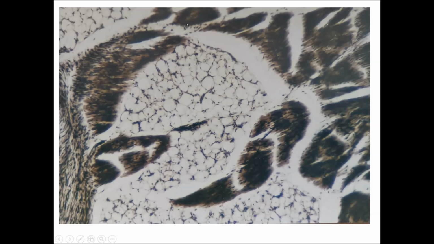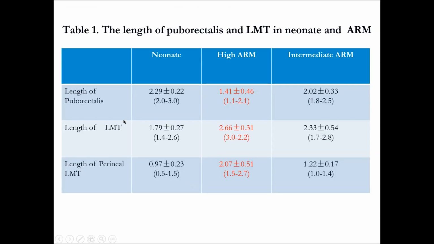This is a sign of agenesis of the external anal sphincter in ARM. According to our study, the length of the puborectalis in neonates is about 2.29 centimeters. However, in high ARM, it is 1.41 centimeters. It's significantly shorter than normal in the length of the puborectalis.